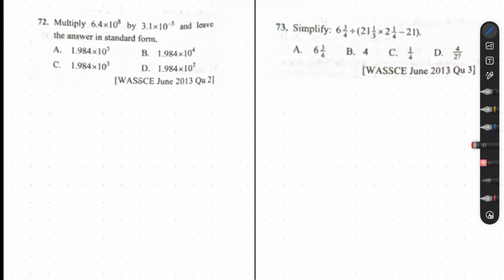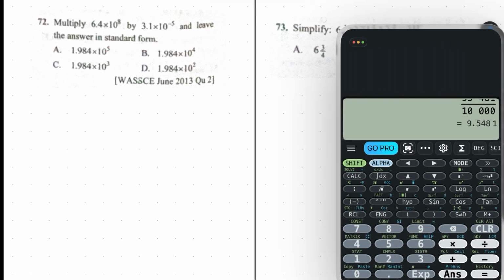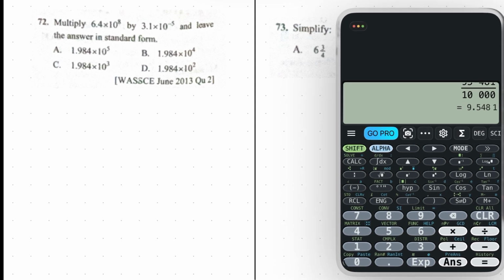Cool. 72 says, multiply 6.4 times 10 to the power 8 by 3.1 times 10 to the power negative 5 and leave your answer in standard form. Cool. So let's bring up our calculator. Then we put it in.